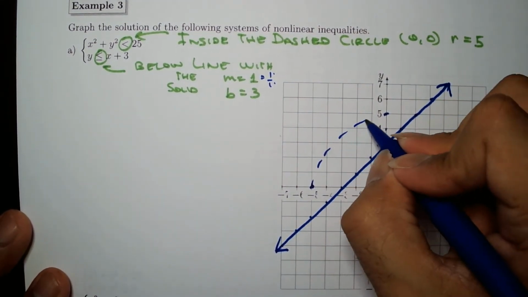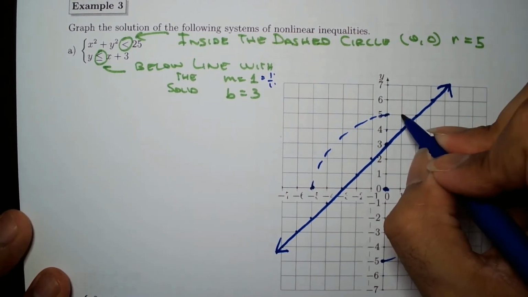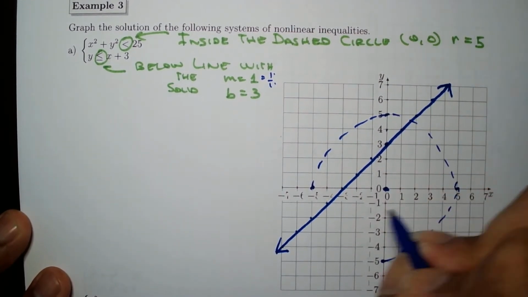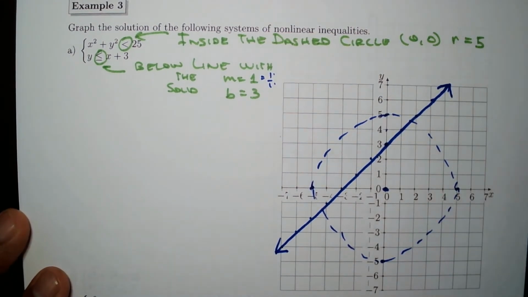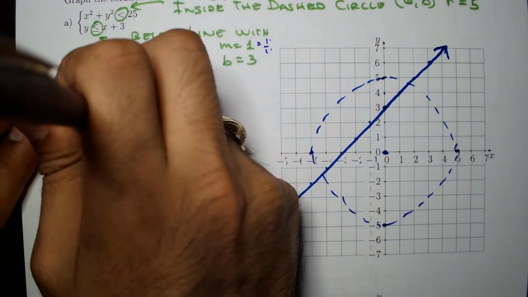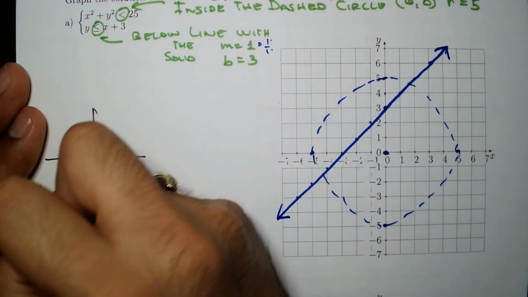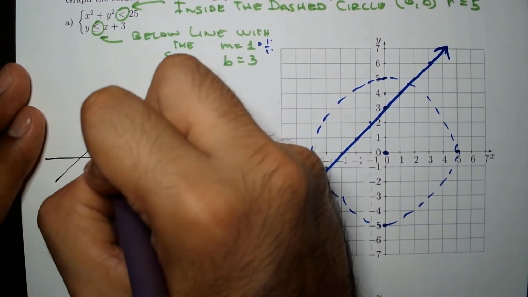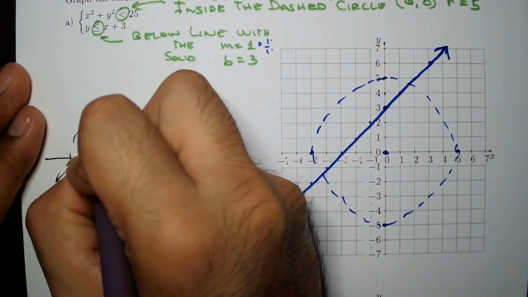So I'm going to do a dashed circle. And I'm not going to shade anything here yet. Again, I'm going to do some scratch work. Remember what I did, the scratch? I'm going to do the solid line and the dashed circle again.